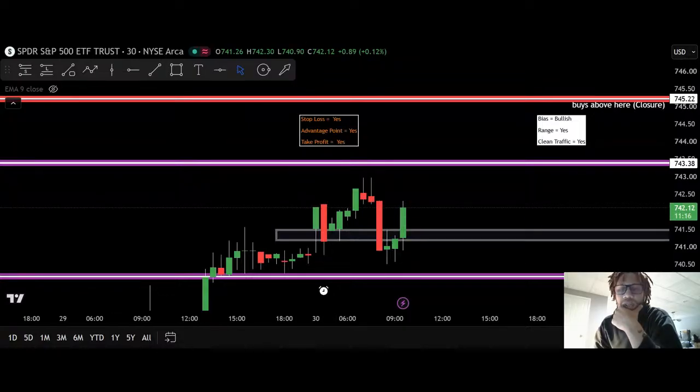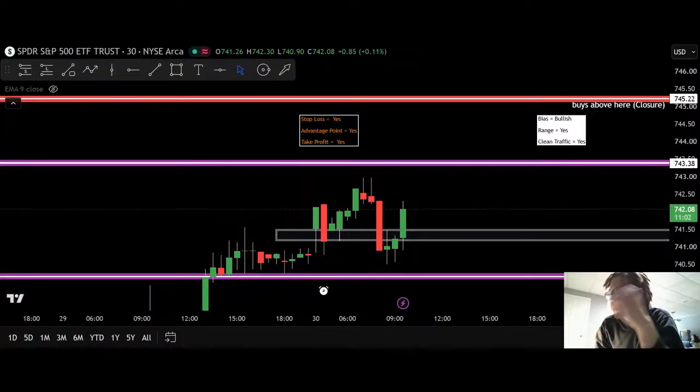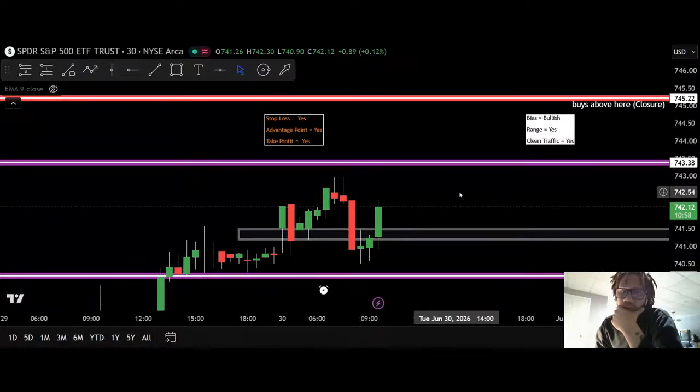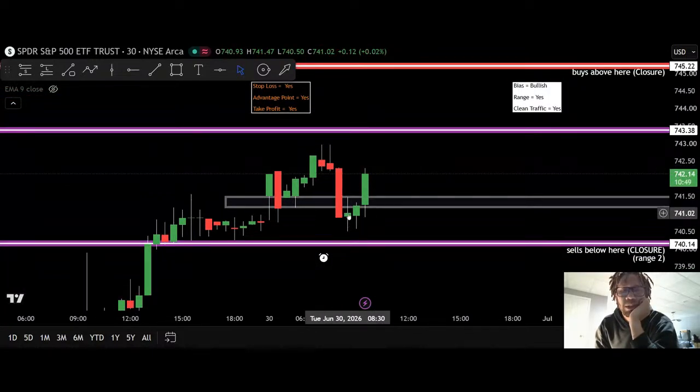Okay, my boy just got activated and some buy stops. Let's see. You can see a whole lot of buy pressure. Buyer stepped in, gonna retest the support.